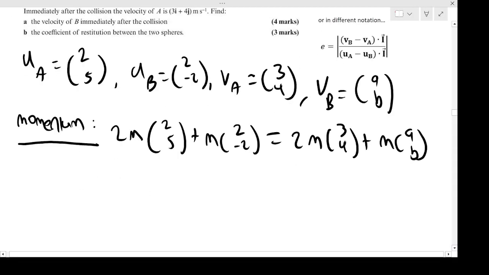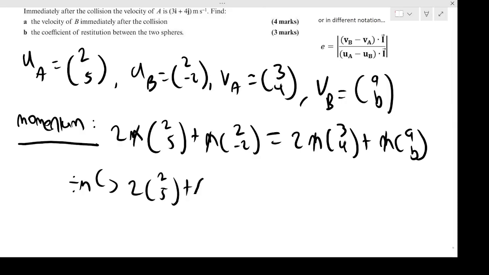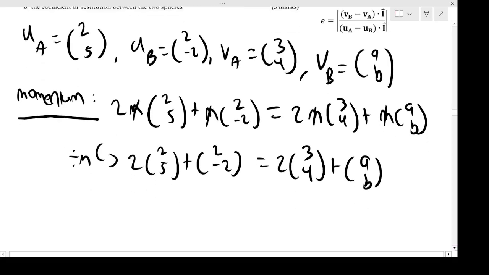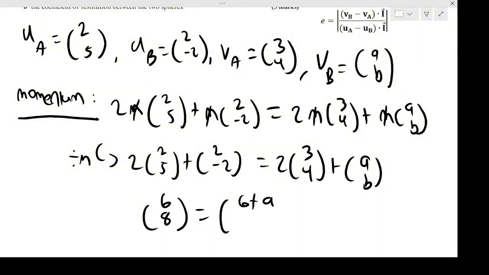So if I simplify this, well, actually I can get rid of the m's straight away. So we get 2 lots of (2, 5), add (2, -2), equals 2 lots of (3, 4), add (a, b). And so this will simplify to (6, 8) equals (6 + a, 8 + b).